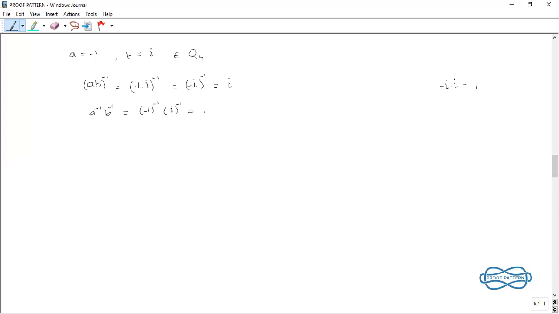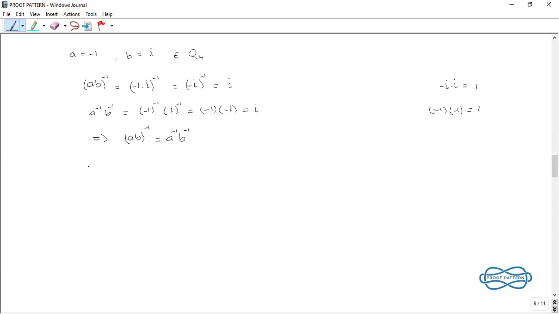We know that the inverse of minus 1 is again minus 1, because when we multiply minus 1 with minus 1, we get 1. This quaternion 4 group is a group under multiplication. And the inverse of i is minus i, and when we multiply minus 1 with minus i, we get i. So this shows that (AB) inverse is equal to A inverse B inverse. That was the first thing which we wanted to show.